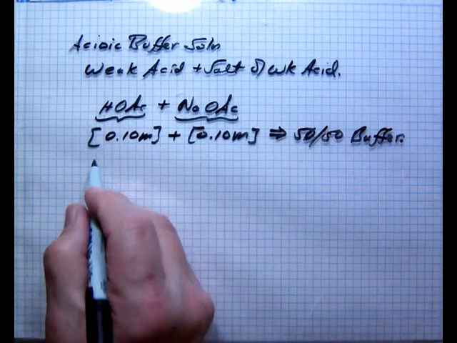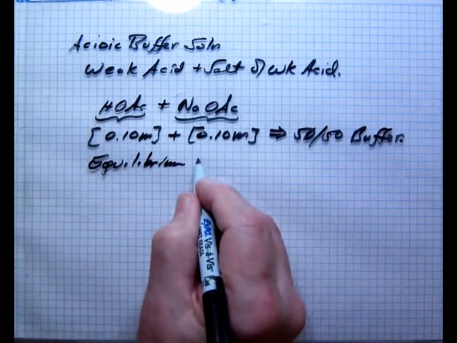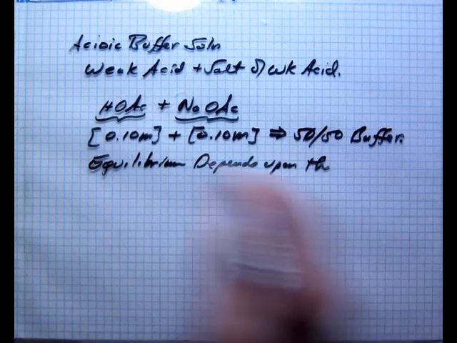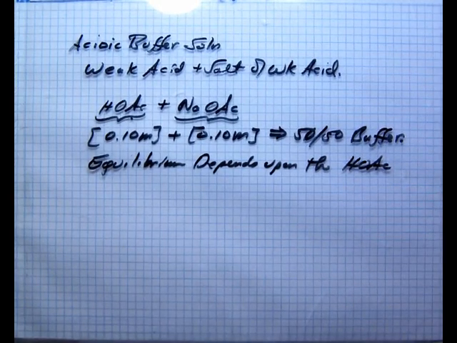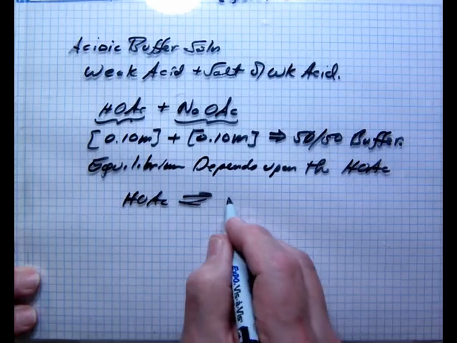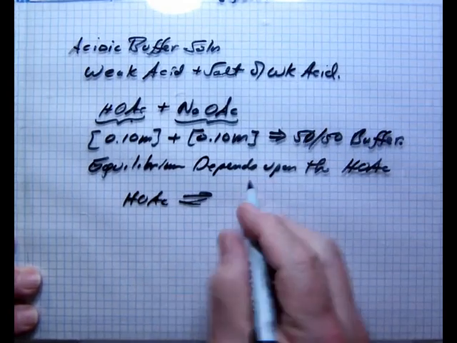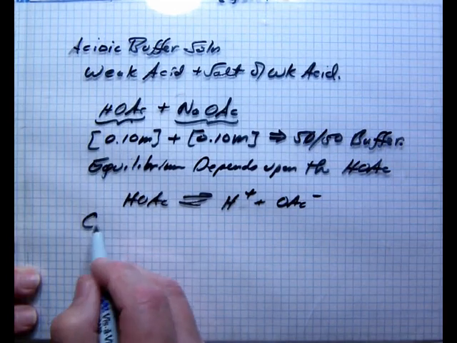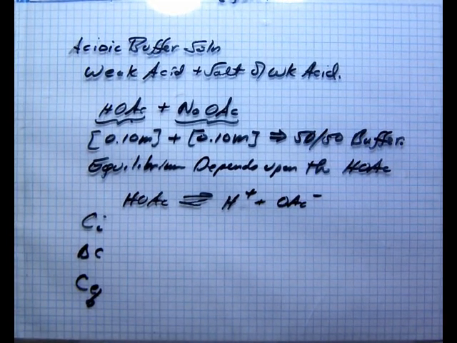The equilibrium of a buffer solution depends upon the equilibrium of the HOAc. Now, if we have HOAc in equilibrium with the OAc, well, I'll put the hydrogen first just for looks, OAc, then initial, change in concentration, at equilibrium, and we're going to change this buffer.